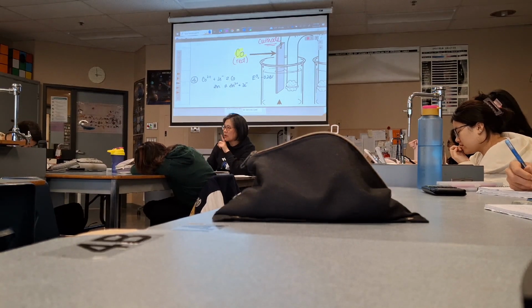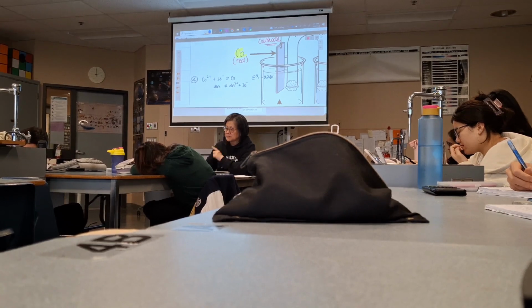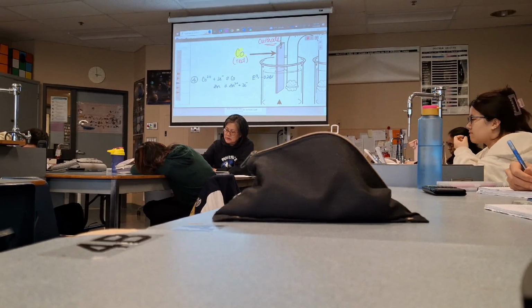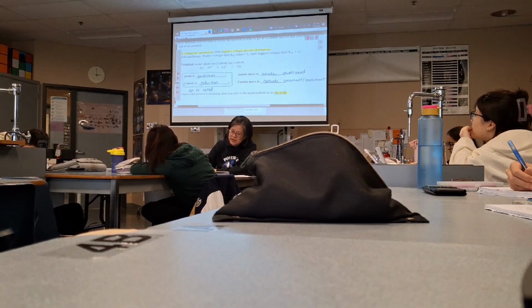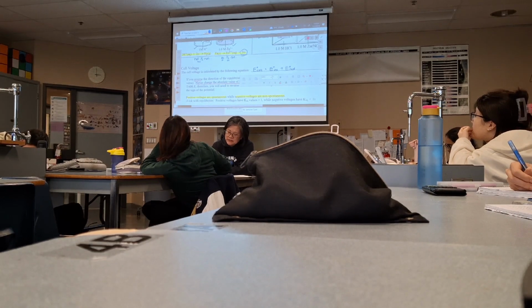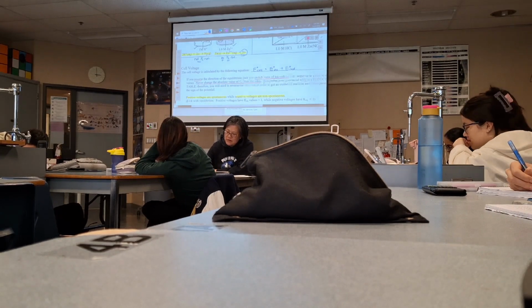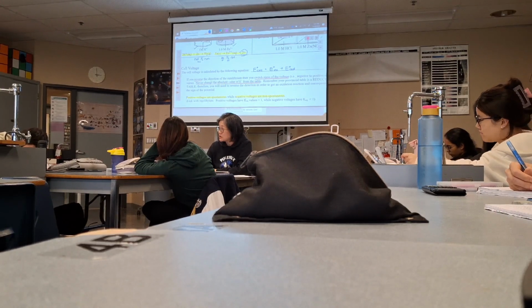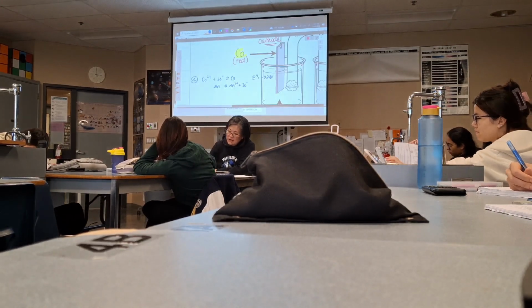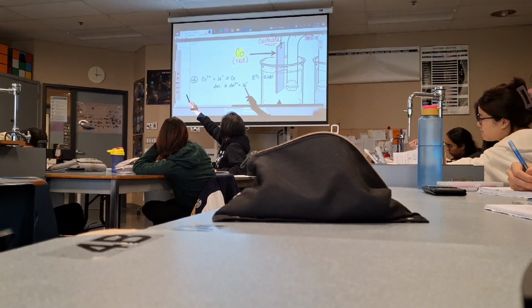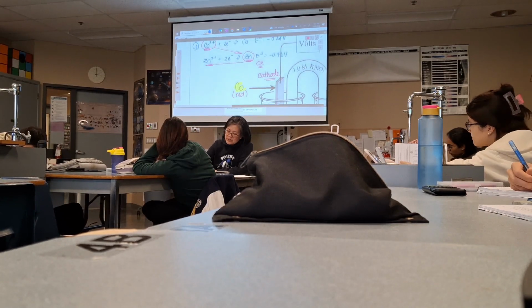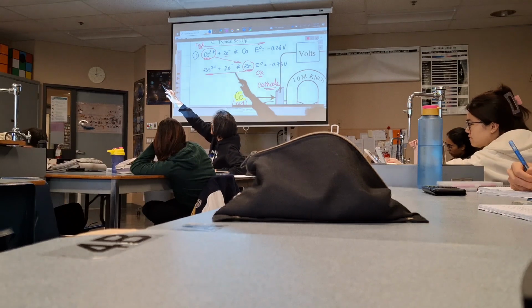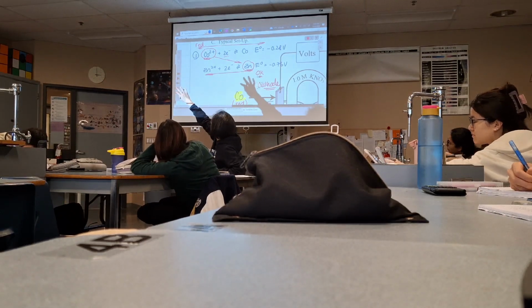Now, something important happens here. Do you remember in the last page, it says, if you reverse the direction of the equilibrium, you switch the signs of the voltage. So over here, notice I have flipped this equation. The original equation was written in the reduction way, but I flipped it over.